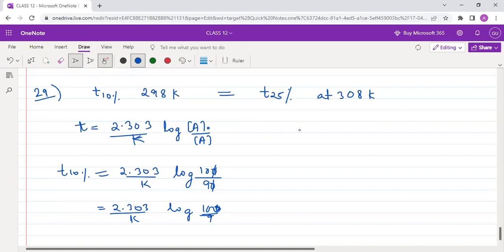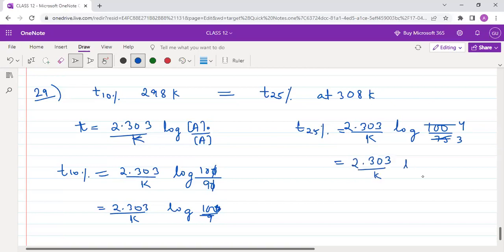Now, again, if I calculate t for 25%, it will become 2.303 by k log 100 by 75. And you know that 25 fours are 100, 25 threes are 75, so we can write log 4 by 3.